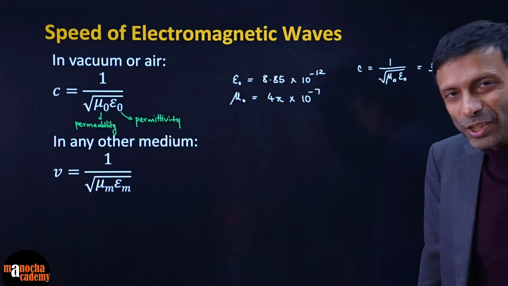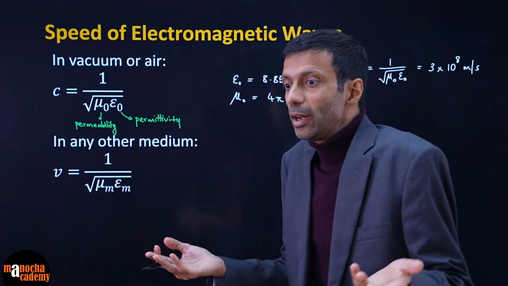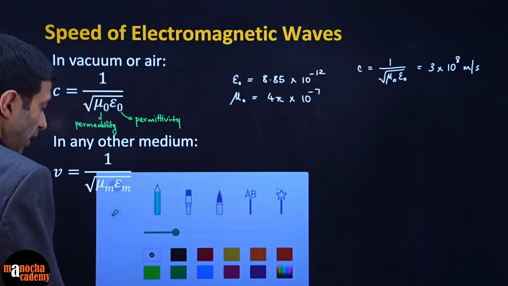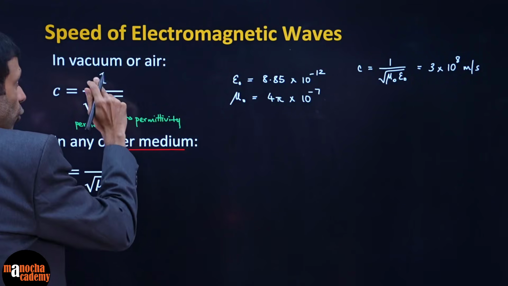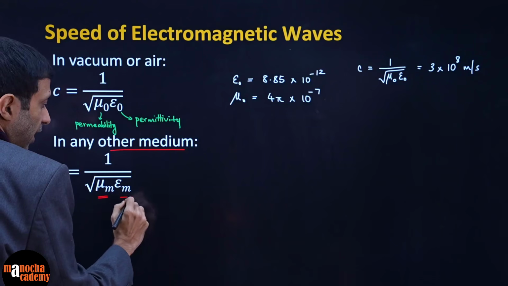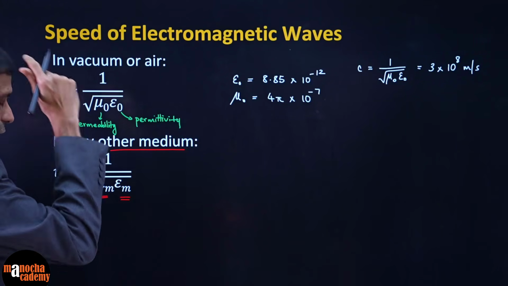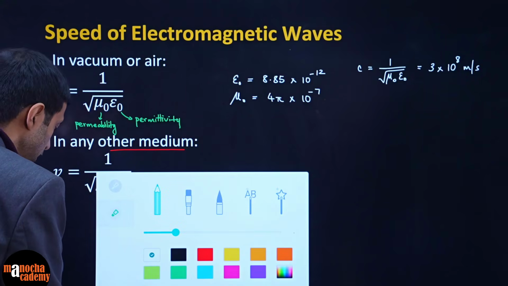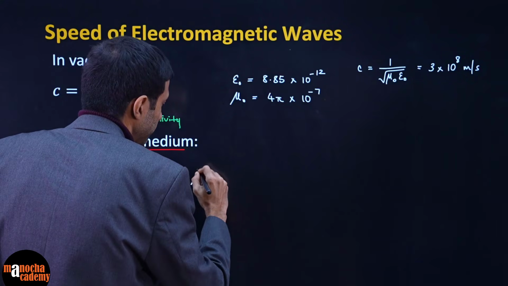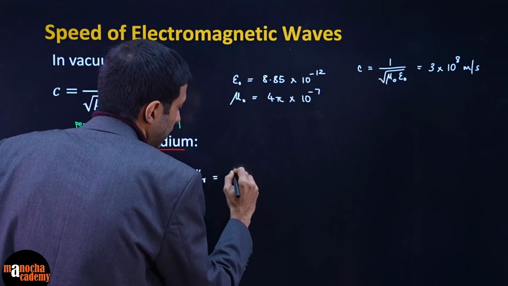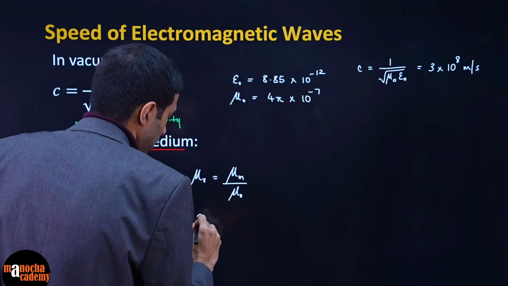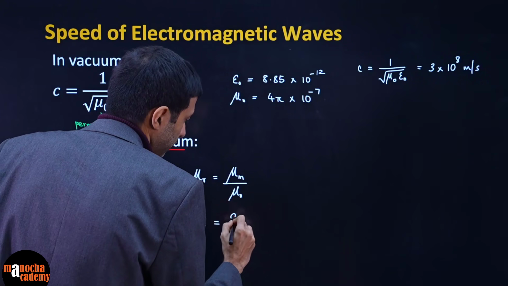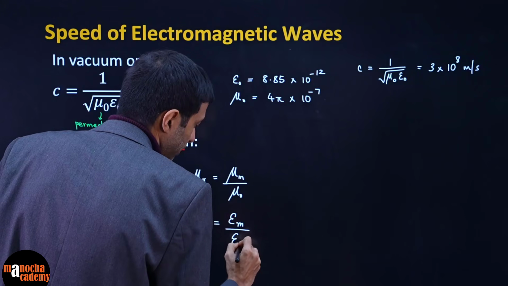Awesome. Now if you say what about light traveling in glass or some other medium like water? In other medium also we have the formula. In another medium, you will replace your mu naught with mu of the medium, and epsilon naught with epsilon of the medium. And remember, if you have relative permeability, then it is mu of the medium by mu naught, and your relative permittivity is permittivity of the medium by epsilon naught.